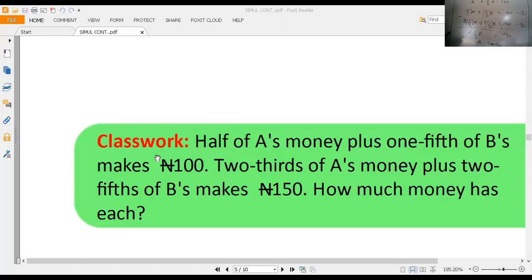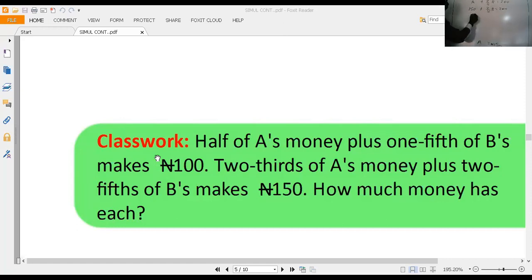Now, all I need to do is to substitute for the value of a, which is 150, into the equation. So when I do that, I will have 150, because a is now 150, plus 2 over 5b equals 200. Now, collecting the like terms, we make b the subject of the formula so we can get the value of b.